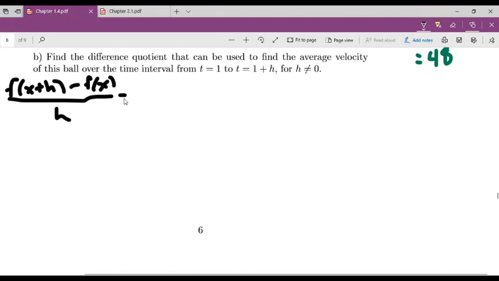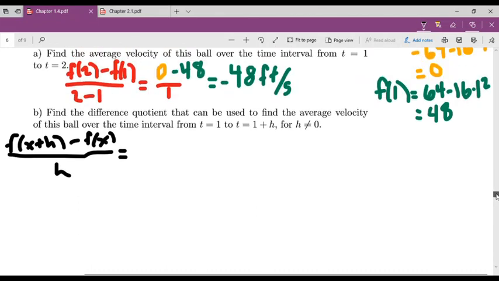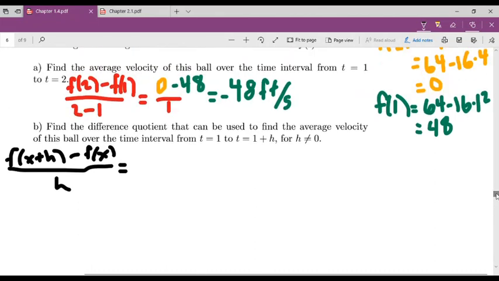Okay. Now, the cool thing here is I already know what my t is. Okay, so my t is 1, so I can go ahead and plug that in. I already know what my number here is when t equals 1. So essentially what you're saying here is this x here is the same thing as your t. That t is a 1.